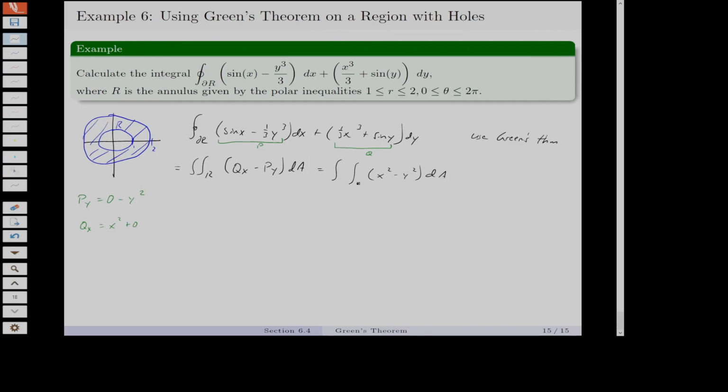We'll leave this as a double integral for a second. The region that we're given was defined by polar inequalities, and that's circles, right? A circle inside a circle. So it seems like it might be easiest to write this as a polar integral instead of a rectangular integral. So let's convert to polar.